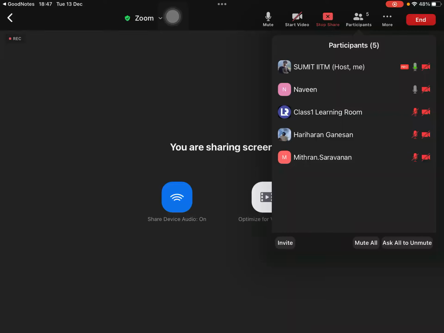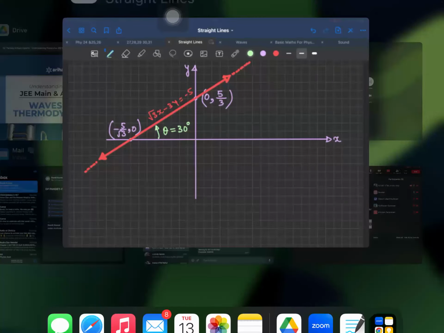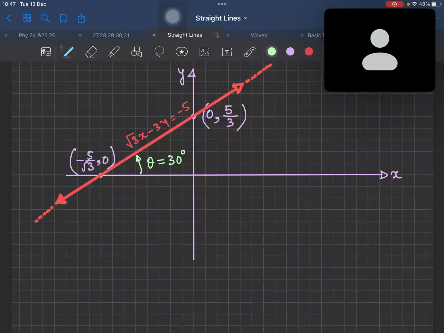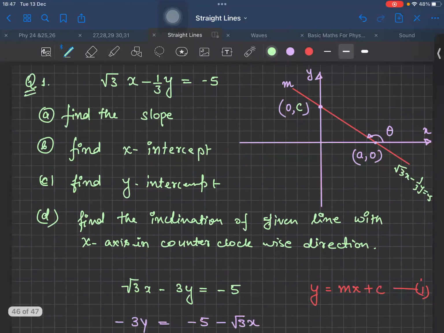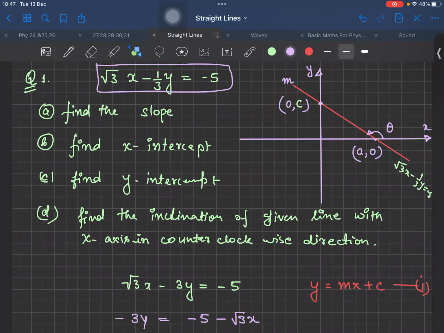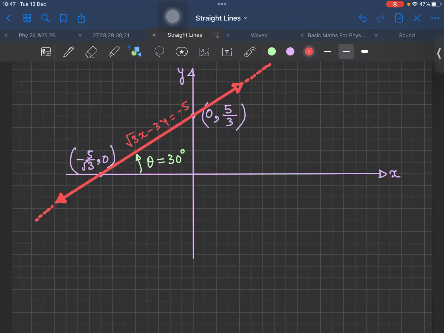Okay, all right. So why I gave you this problem is that I just wanted to teach you that if an equation of line is given, we can find all the information from it. We can even find the equation of the perpendicular.